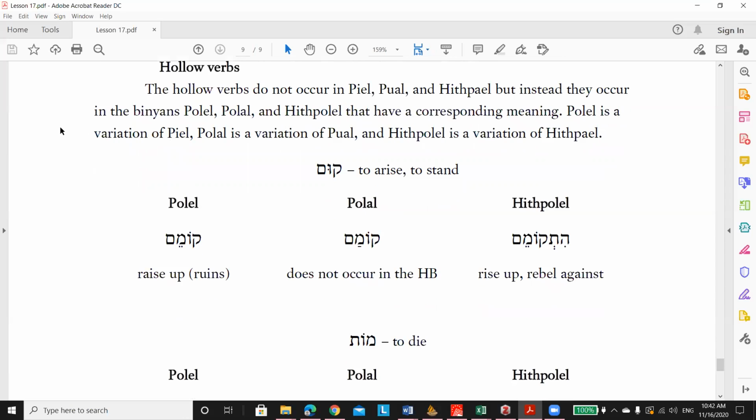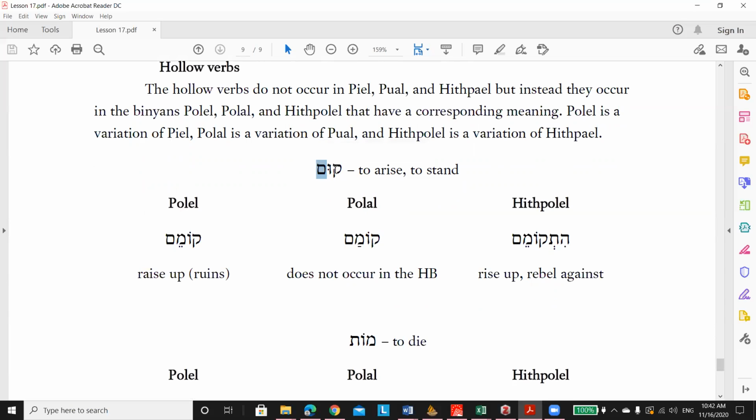Some examples of how they make these forms: you see the root kum, to arise, to stand. To make it Polel, the second radical is geminated, so it is added again.